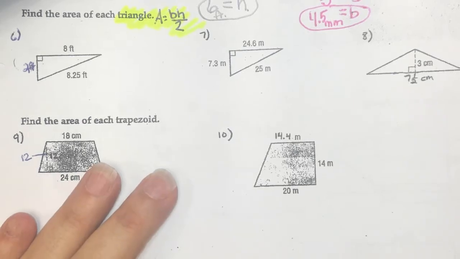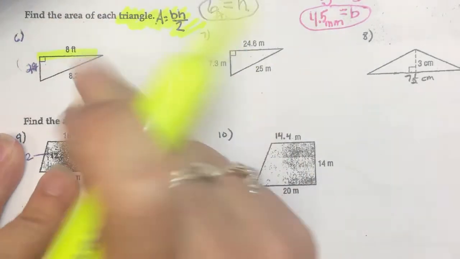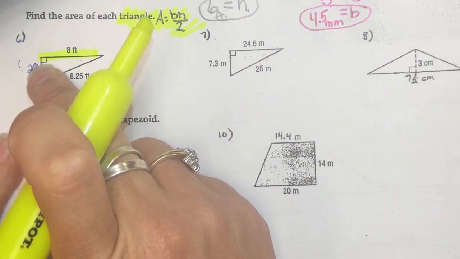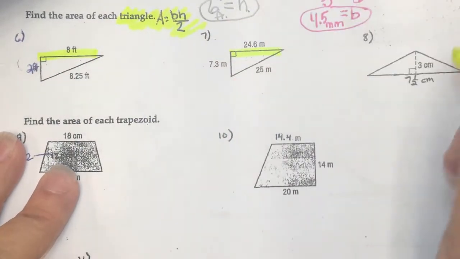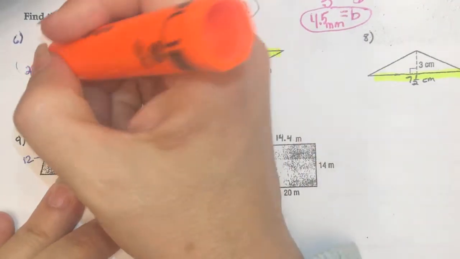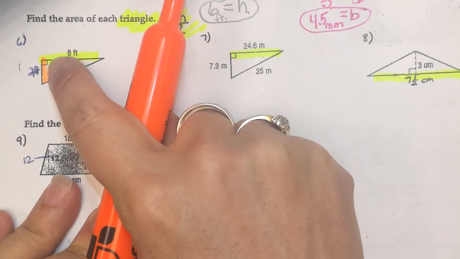Okay, base times height. Now, please keep thinking about this. When you're looking for a base, you're looking for that 90-degree corner. Bases and heights should be feeding off of the 90-degree line. So, what I'm getting at by highlighting these is base and height, or base and height. It doesn't matter.